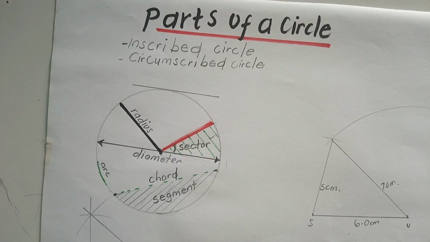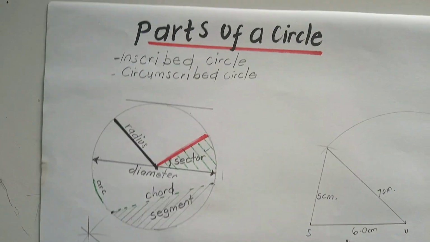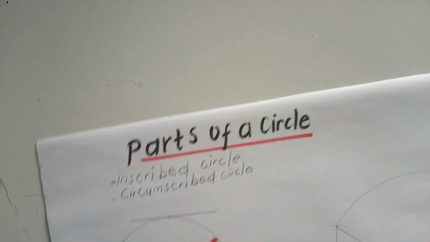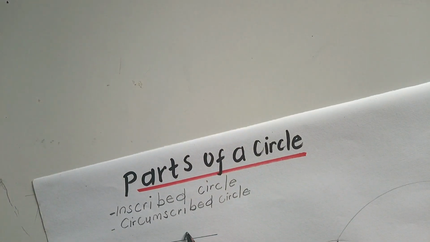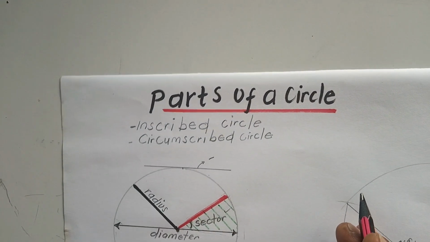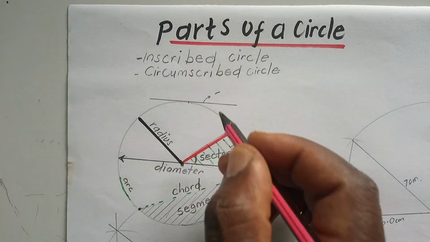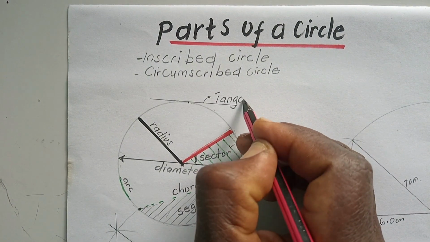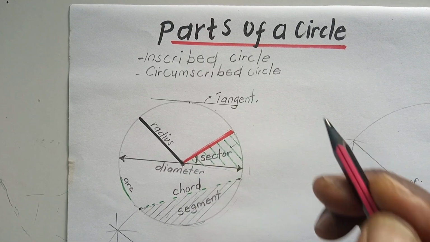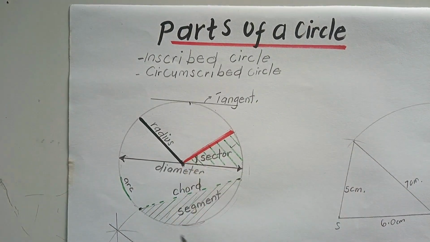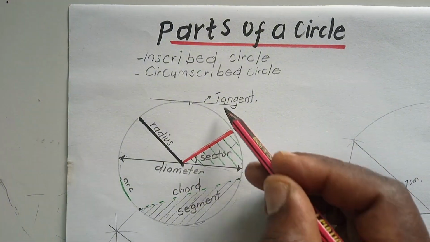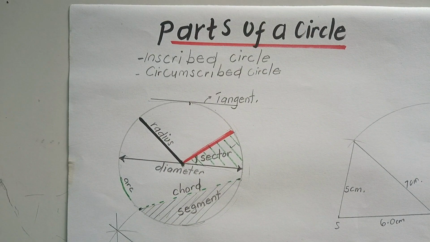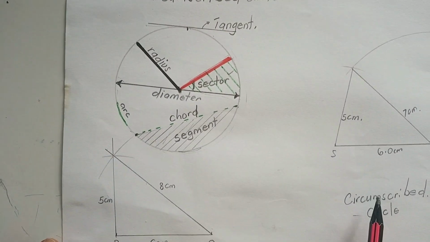So a line that touches the circumference at only one point like this one is called a tangent. This one is our tangent. We can as well draw our tangent here like that. It's just a straight line that touches a point on the circumference of a circle.